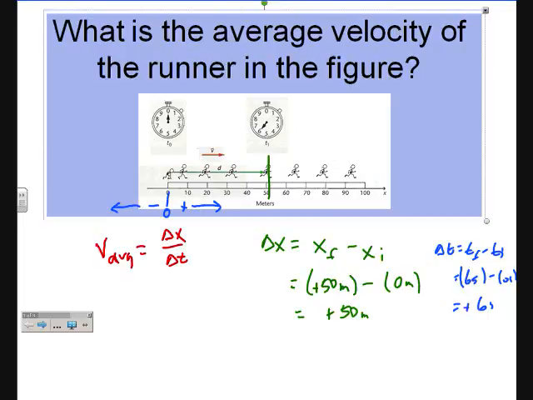Okay? So we take those values and plug them back into the equation for average velocity: a displacement of positive 50 meters over a time of positive 6 seconds. Run that through your calculator, and you should end up with positive 8.3 meters per second. And that's going to be the average velocity of the runner during that time.